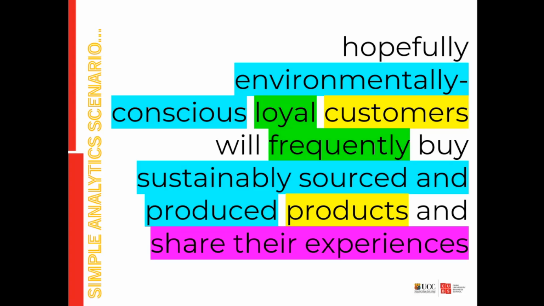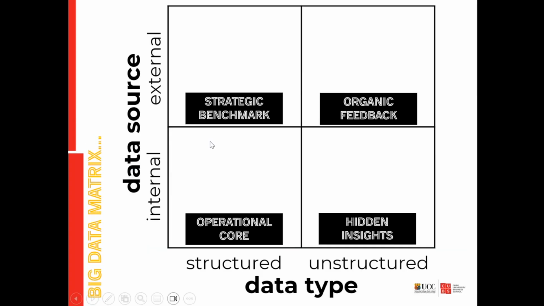So again, if you get students to work through this, you can actually see that they have to think about, well, what would be our internal structured data if that was maybe what we were really interested in terms of product and in terms of customer and maybe product types of customer and so on and so forth. So we probably have our sales data in our EPOS terminal.